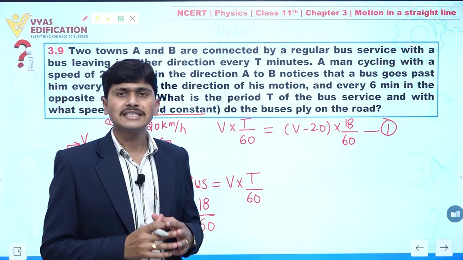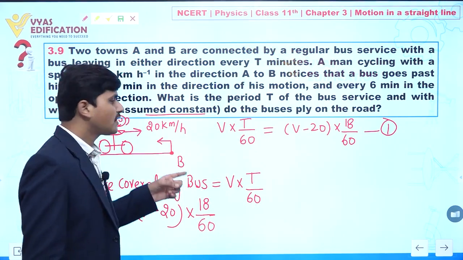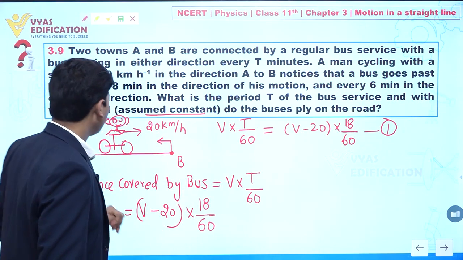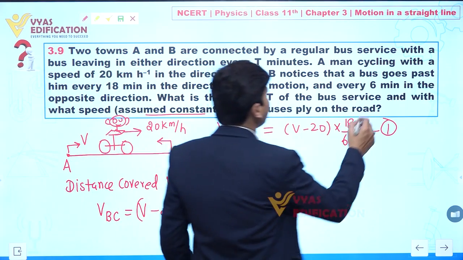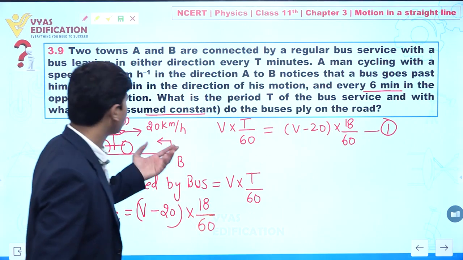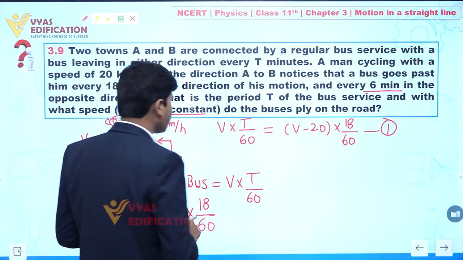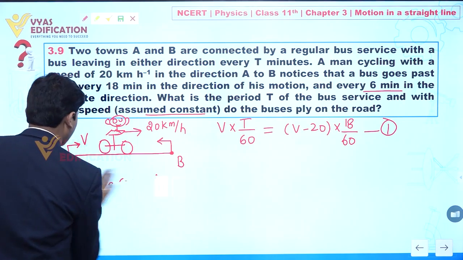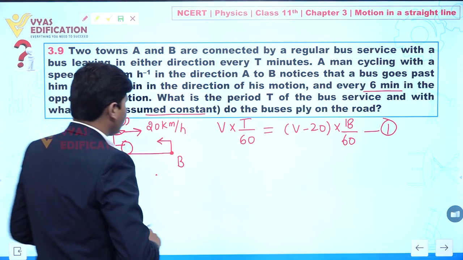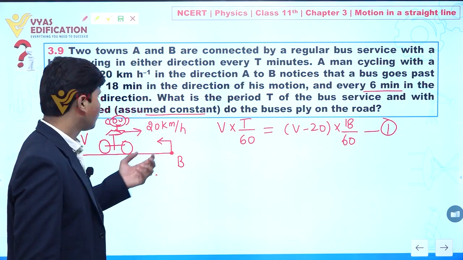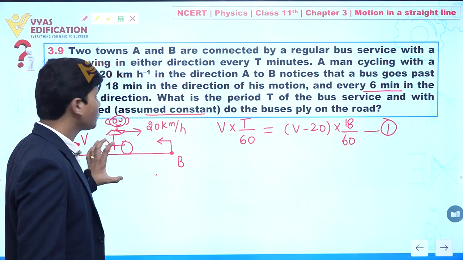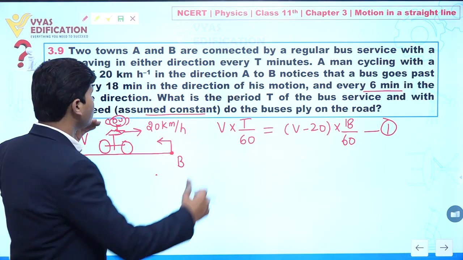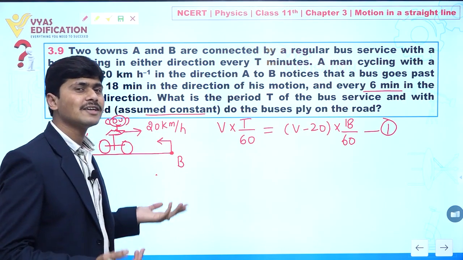Now let's consider the second situation. After every time t minutes the bus is also departing from town B, and it is given in the question that every 6 minutes a bus crosses the cyclist. Now how can we write? If we consider the velocity of the bus with respect to the cyclist, when the bus is departing from town B, both are moving in opposite directions, so the relative velocities are added.